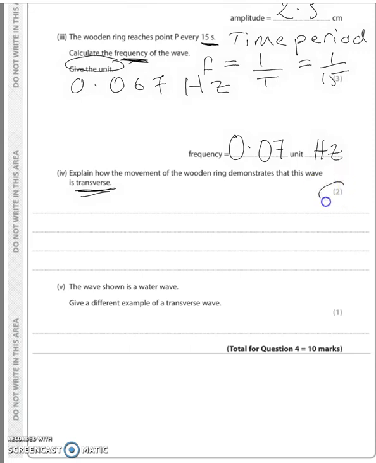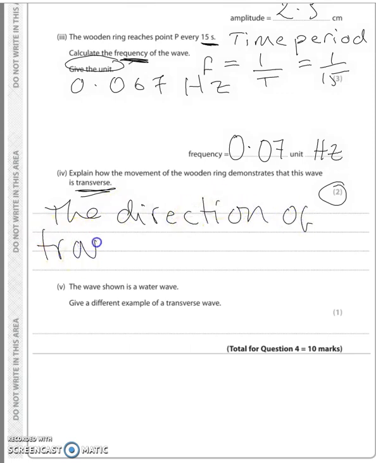Now it's for 2 marks, so you've got to make sure you are clear about what is perpendicular to what. So perfect answer, the direction of travel of the wave is perpendicular to the vibration.